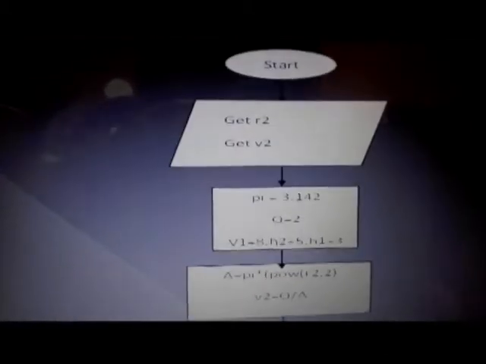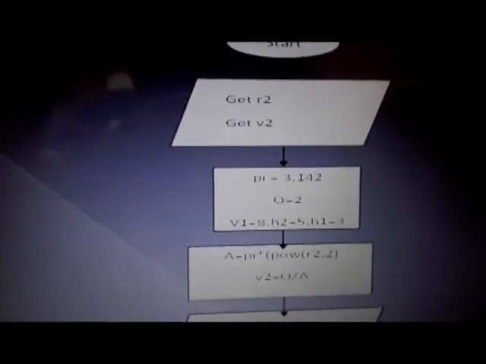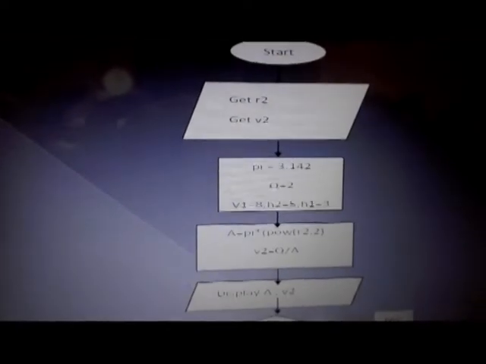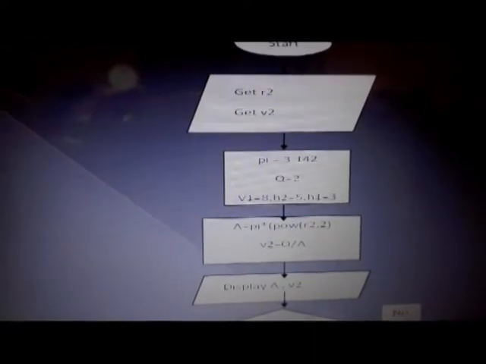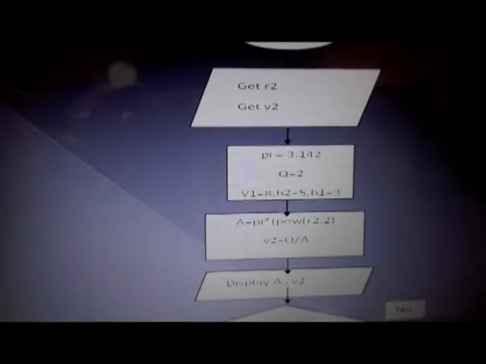This is the flowchart that I have created to solve the problem. The first thing is we ask the user to input the radius for the two tanks and the velocity V2.